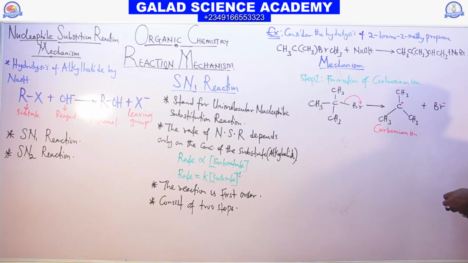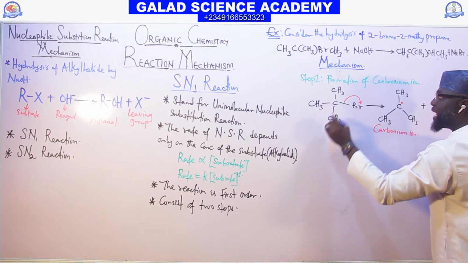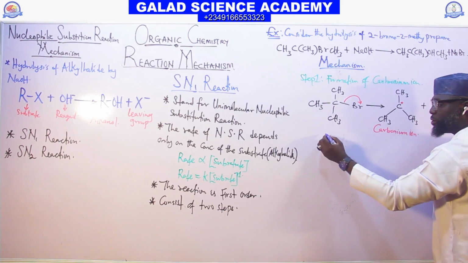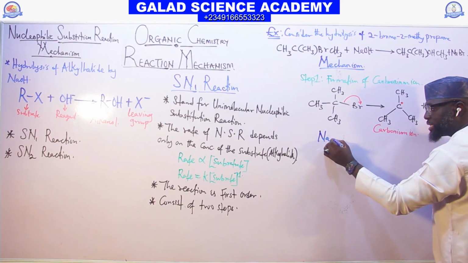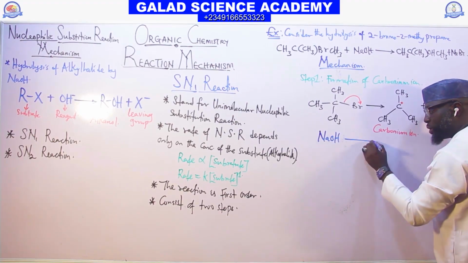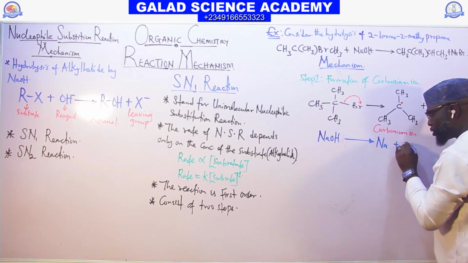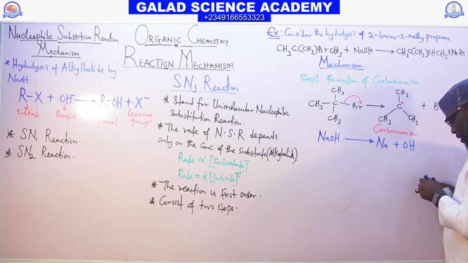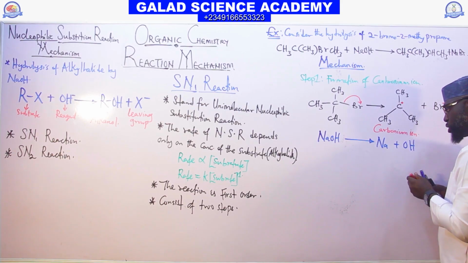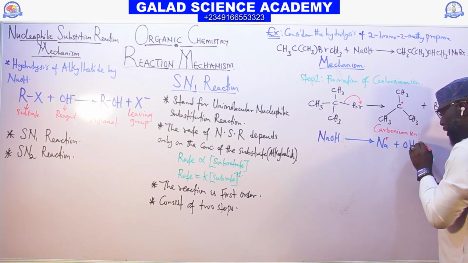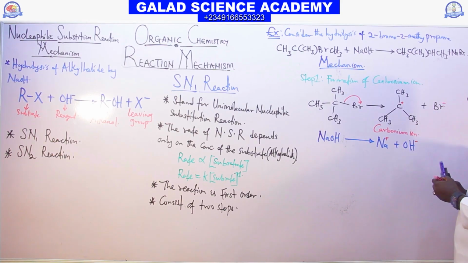What happened next? In this step 1, don't forget the sodium hydroxide will also ionize here. Hydroxide will ionize to give sodium plus and OH minus. So this is sodium plus, this is OH minus.